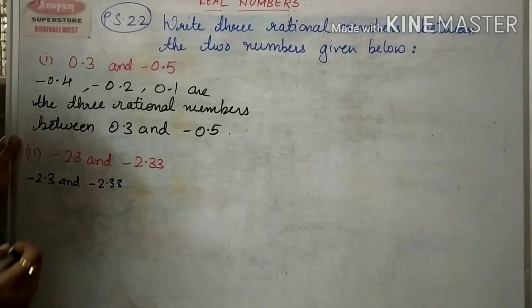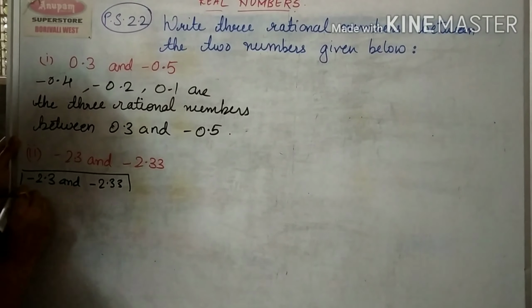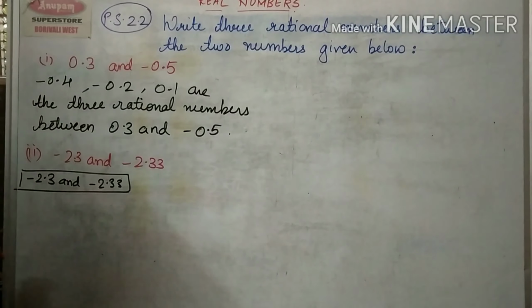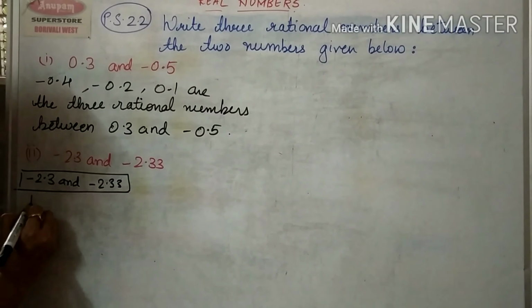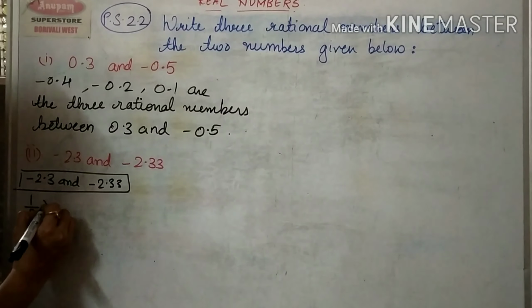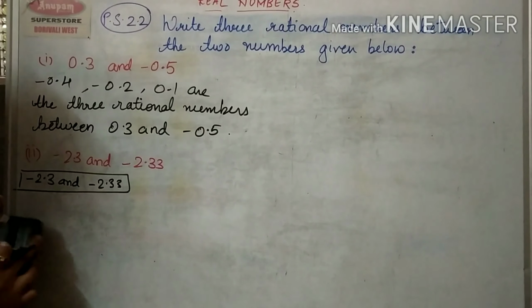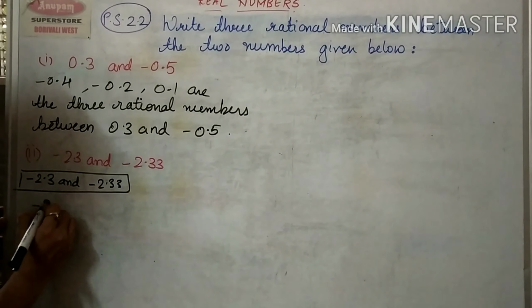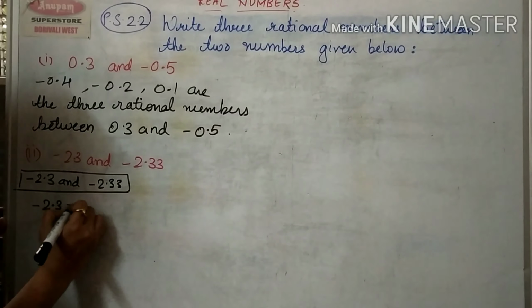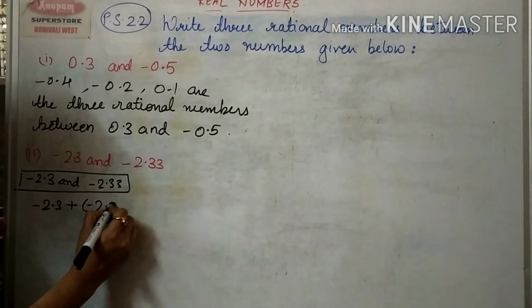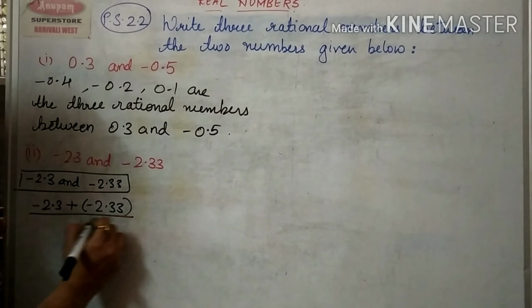Now how do I do that? Well, for this, what I am supposed to do is half into the bracket, or the other way, if you find it difficult, you can write down minus 2.3 plus minus 2.33 upon 2.